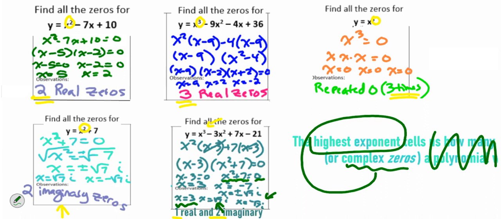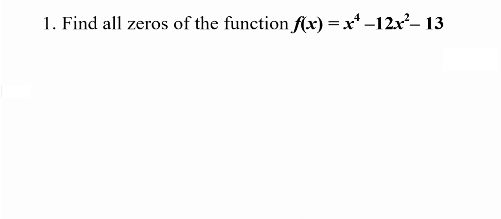So the highest exponent in our polynomial tells us how many of these complex zeros we're guaranteed. Now, am I ever going to ask you what's the fundamental theorem of algebra? No. We're just going to know that from here on out. Like for this problem, looking at this 4, we're guaranteed 4 zeros, technically 4 complex zeros. Some of them may be real, some may be imaginary.